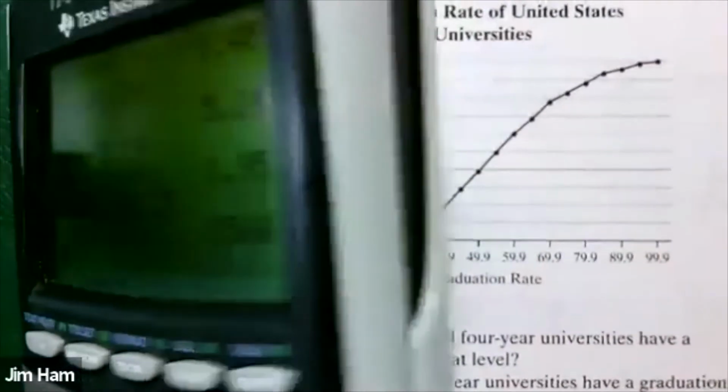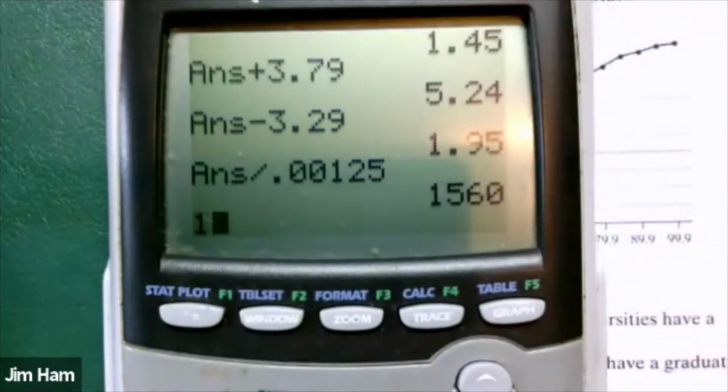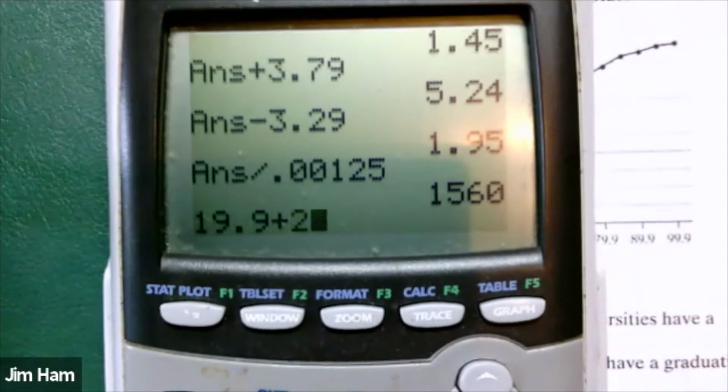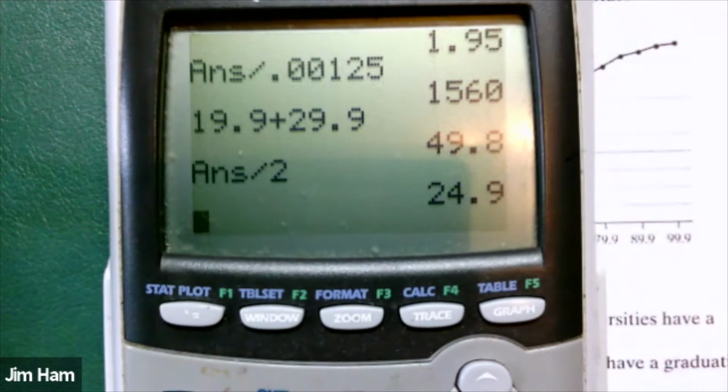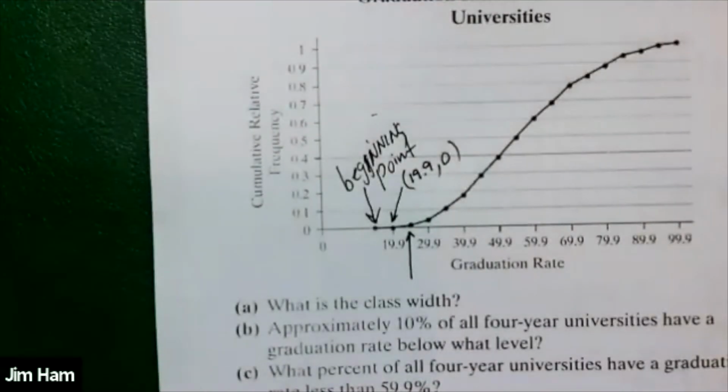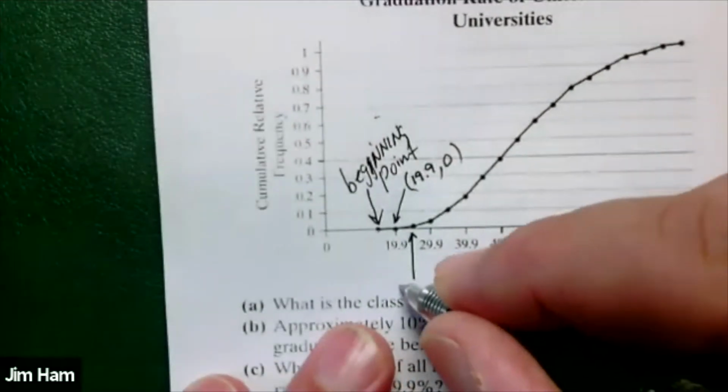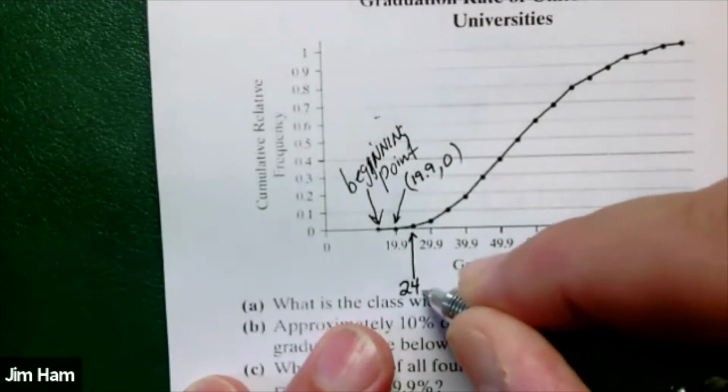So it would be 19.9 plus 29.9. I'm using the midpoint formula here, and then I'm going to divide by 2. So right between 19.9 and 29.9 is 24.9. So that number does not appear on the graph, but that's in fact what it is.